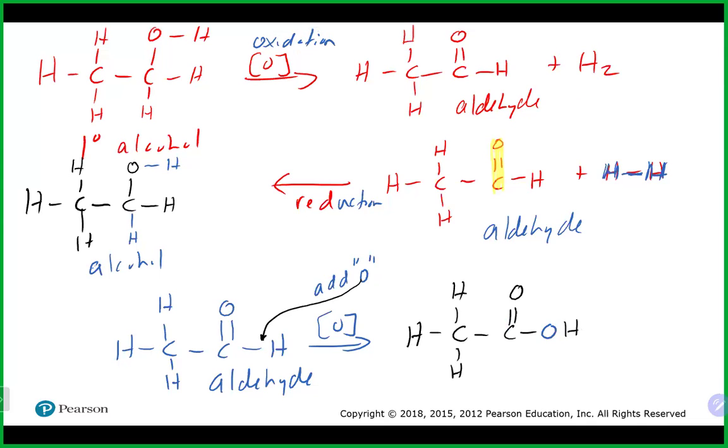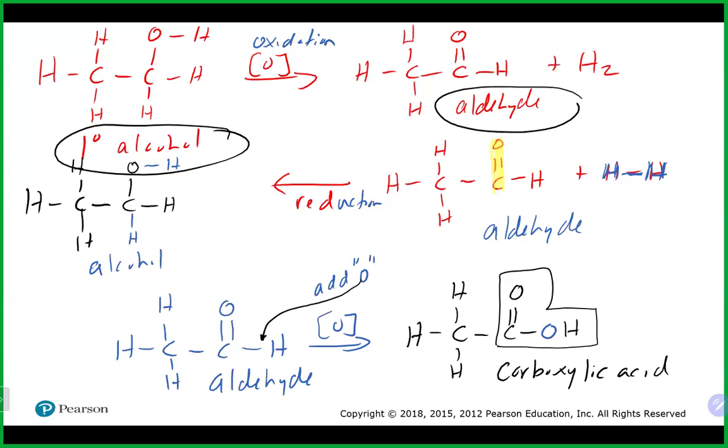And we will make this guy here. And this is a functional group as well. This is a carboxylic acid. So you could actually take a primary alcohol and oxidize it to an aldehyde. You could then oxidize that aldehyde to a carboxylic acid.